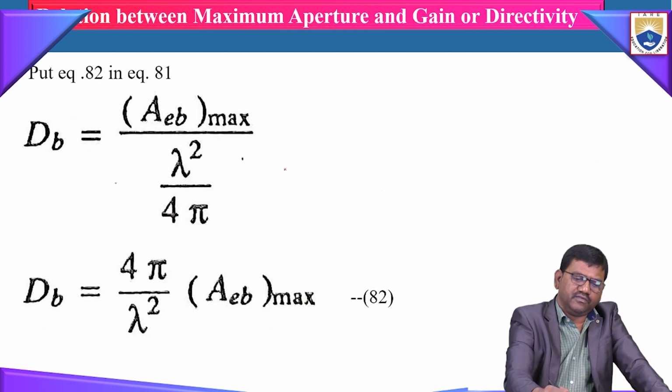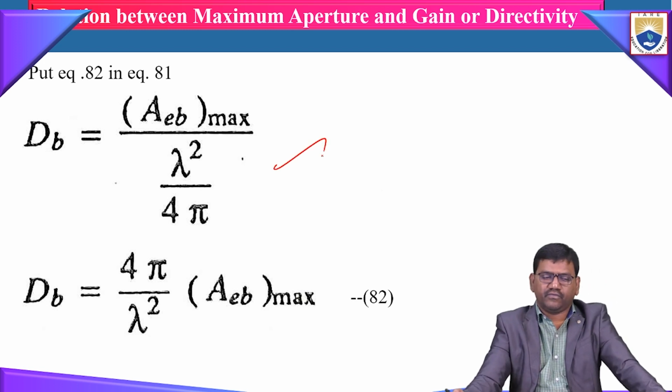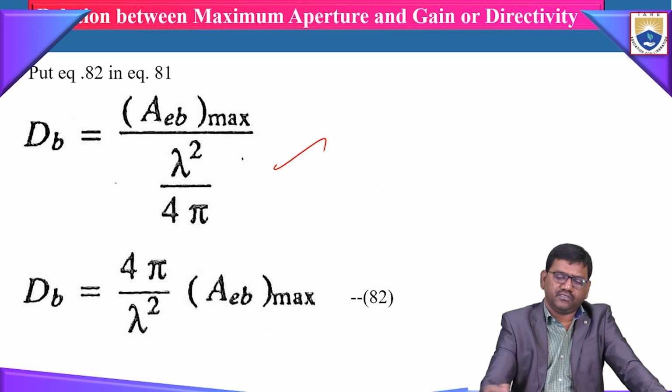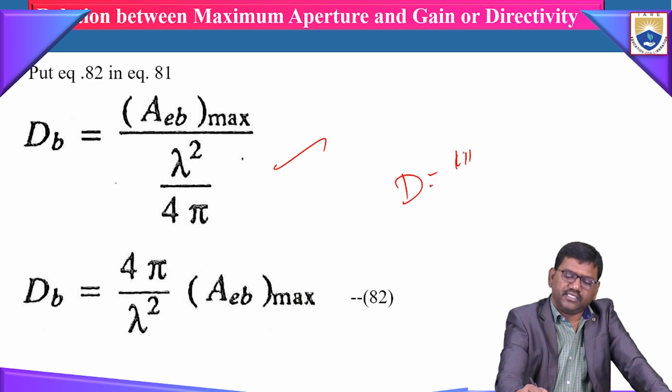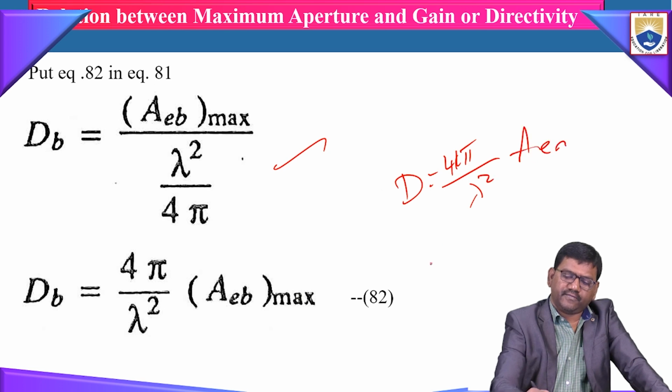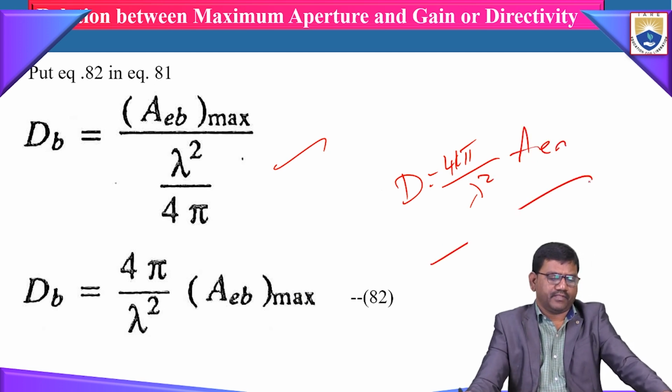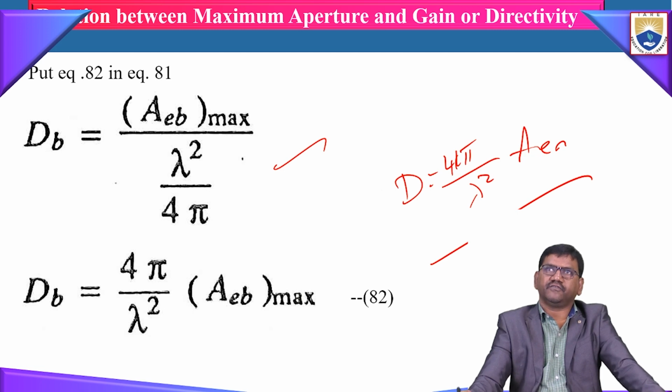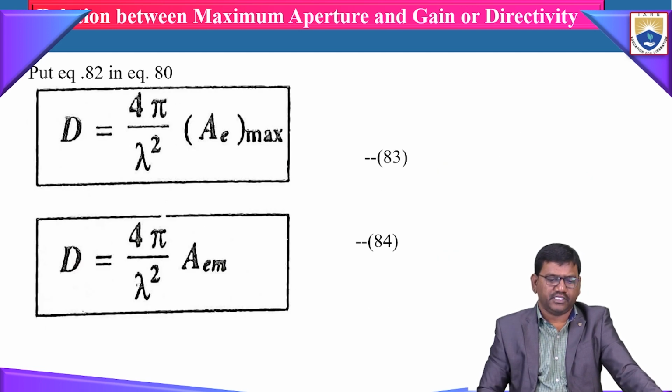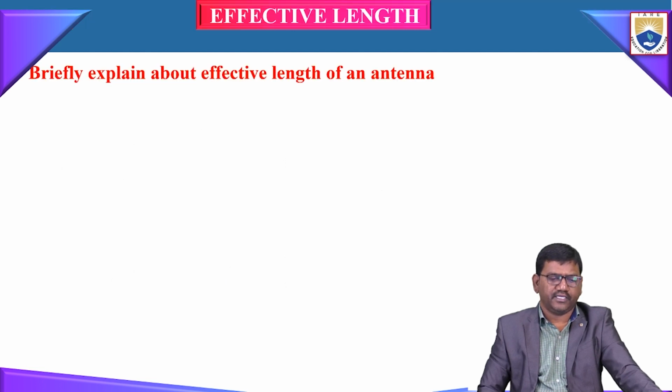By substituting, you will get the directivity equal to 4 pi by lambda square into AEB max. So generalizing, D is equal to 4 pi by lambda square into AE. So this is the relationship between the maximum effective aperture and the gain or directivity. So D is equal to 4 pi by lambda square into AEM.